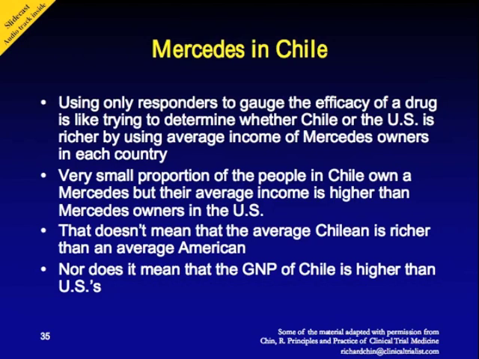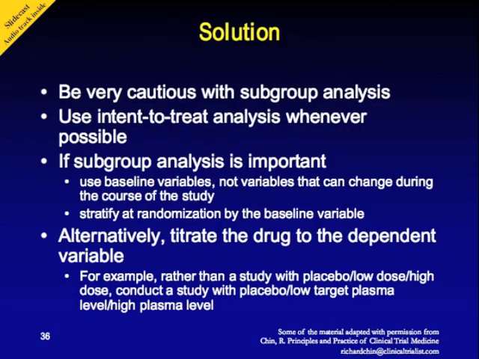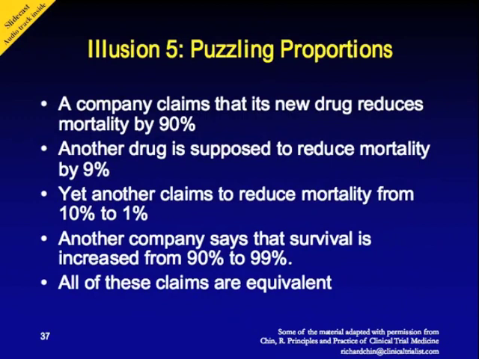Now, let me talk about what I call puzzling proportions. You have 4 statements here, all about mortality and survival. Drug reduces mortality by 90%, drug reduces mortality by 9%, it improves survival from 90 to 99%. Well, these are all equivalent statements.